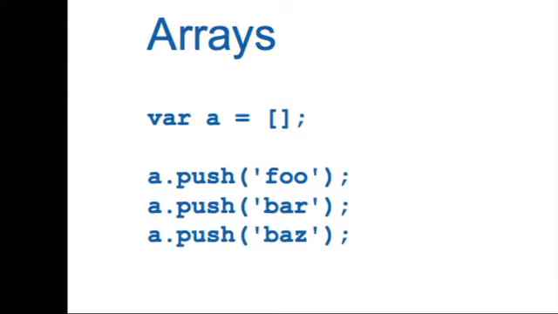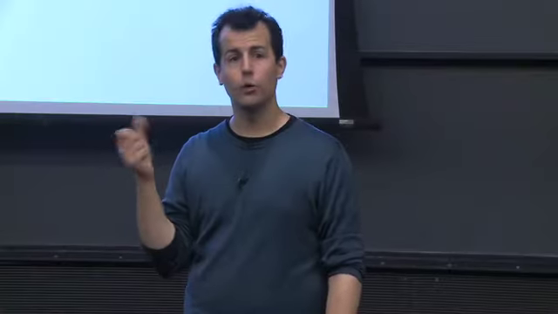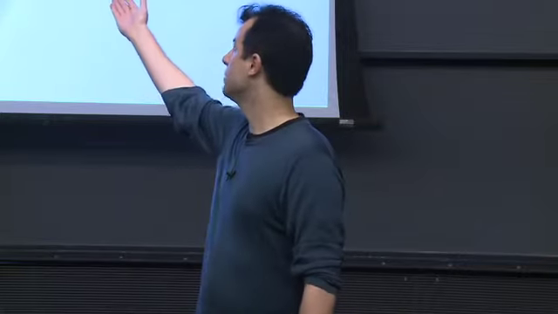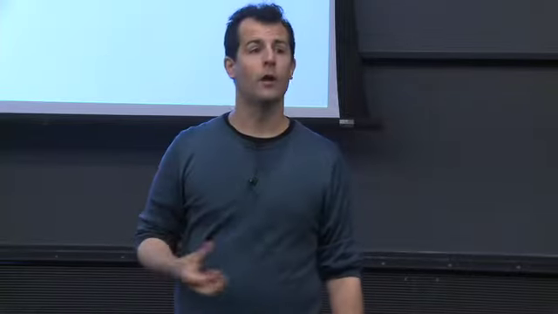A.push means call the push method inside of the array called a, and give it an argument, in this case, of foo. And that has the exact same effect of just adding foo to the first location in the array. Why? Well, the array is initialized to nothing, so pushing an element onto it means you now have a bracket 0 location. Call it again and again, you have bracket 1 and bracket 2. So push appends an element to an array. It does not prepend the element.